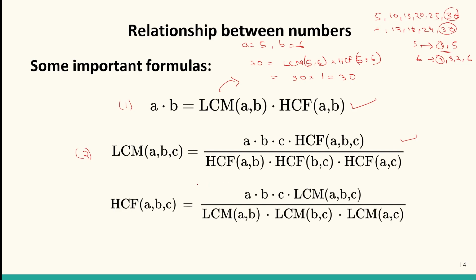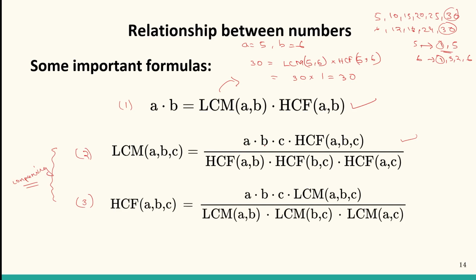And the third part tells us that HCF of A, B, C is equal to A into B into C into LCM of A, B, C, whole by LCM of A, B, LCM of B, C, LCM of A, C. So you can actually remember these two by comparing. In the first case, you found LCM of three different numbers, right? So when you try to find the LCM of three numbers, that is A, B, C, you use HCF in the formula.